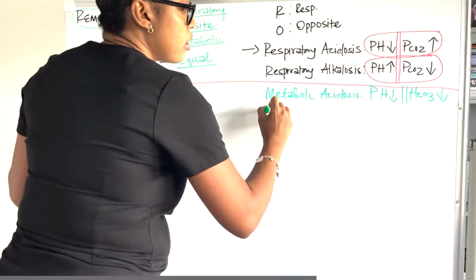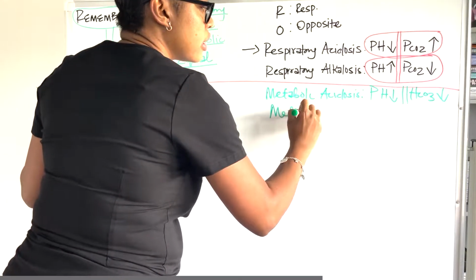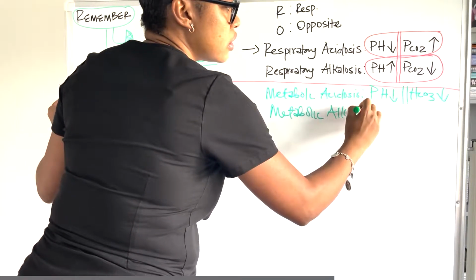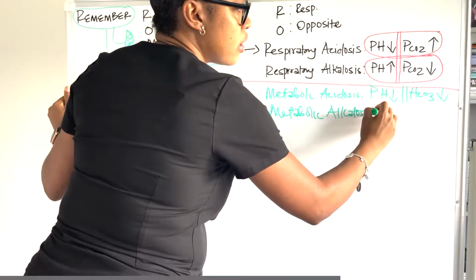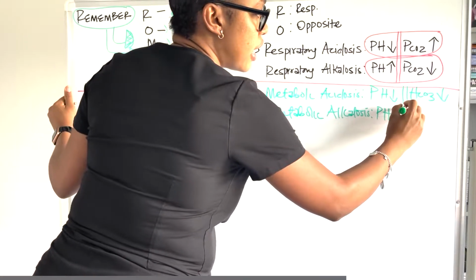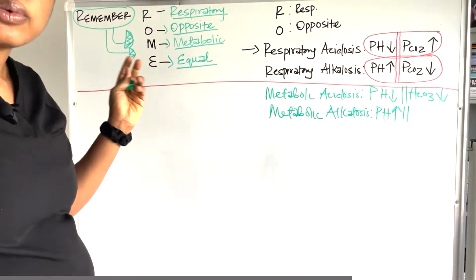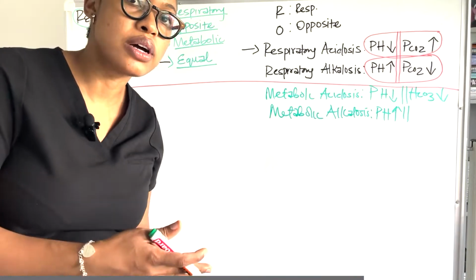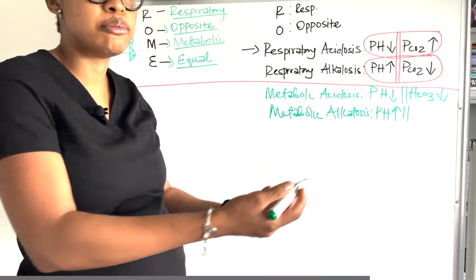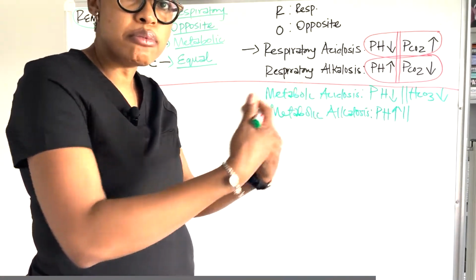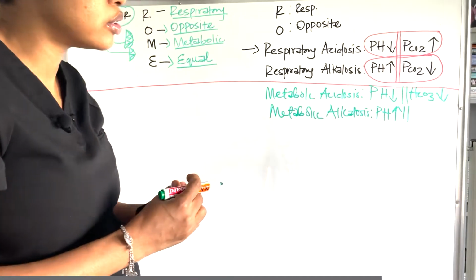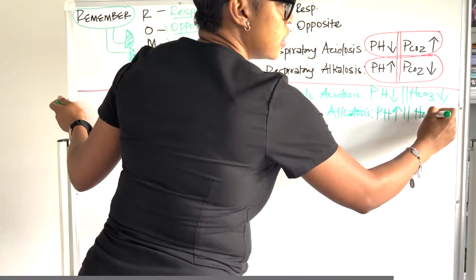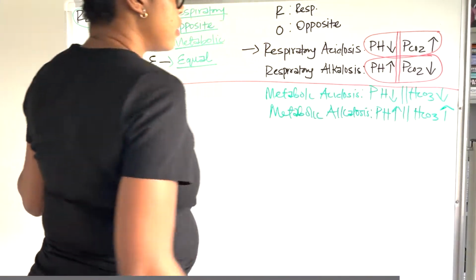In the same way, metabolic alkalosis, we already know that with alkalosis, the pH is high. And with alkalosis, our issue is we have too little hydrogen ions, which means that the bicarbonate would be more than the hydrogen ions. So for this reason, HCO3 is also high.